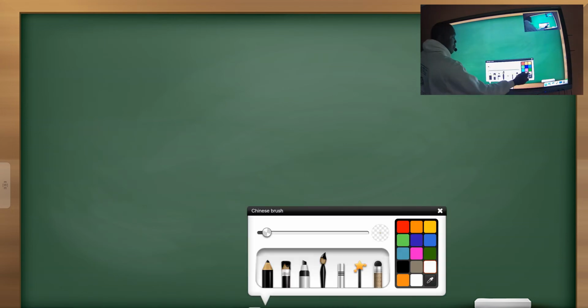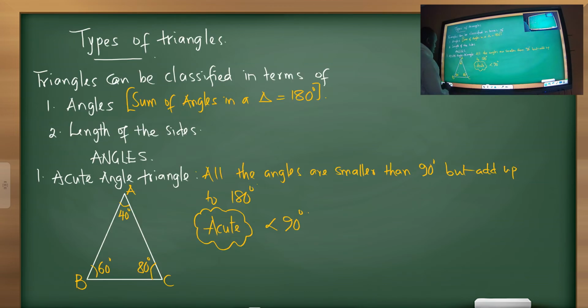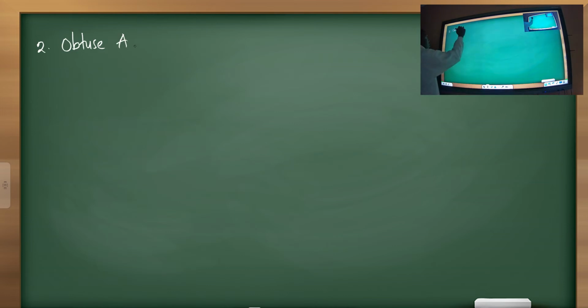Number 2, obtuse. An obtuse angle triangle.